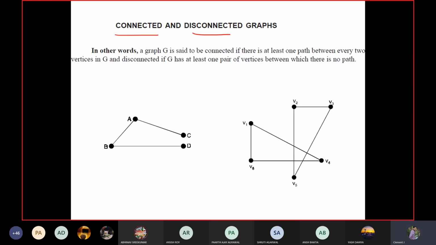Let me explain with an example. Here, I can travel from C to D. Yes, certainly.